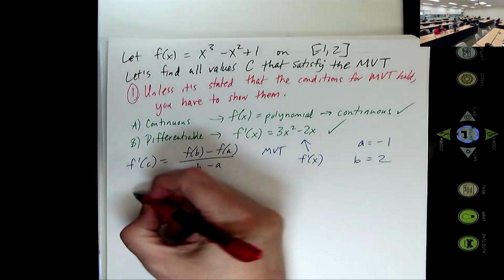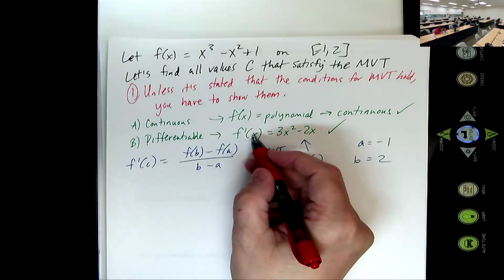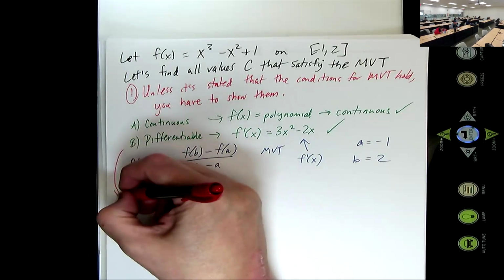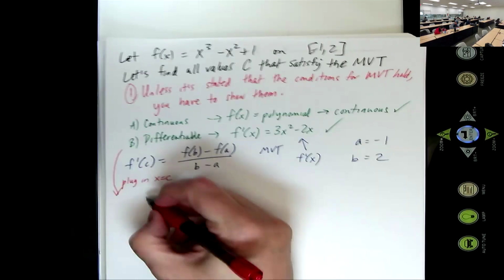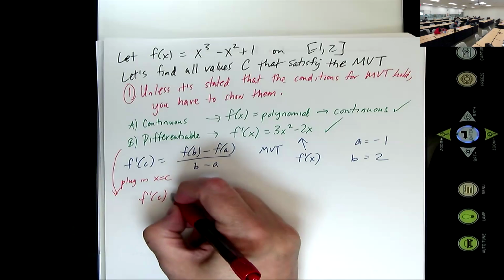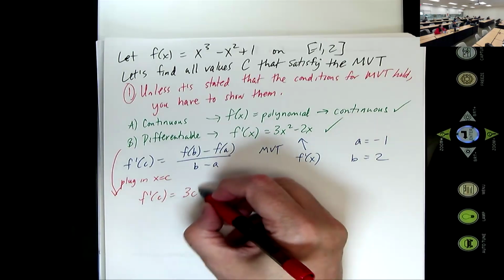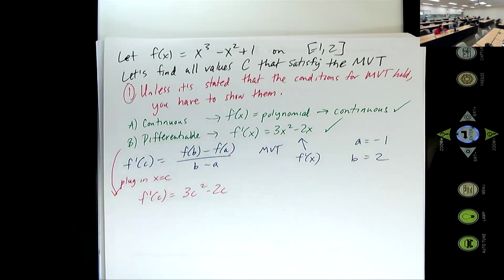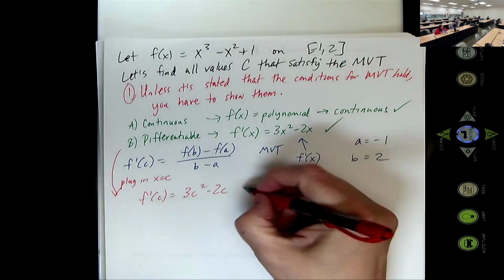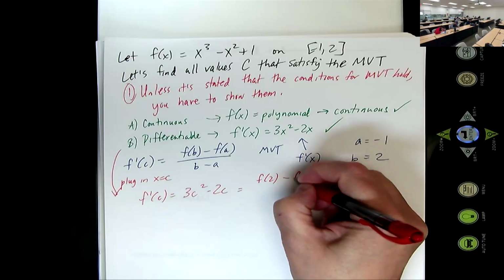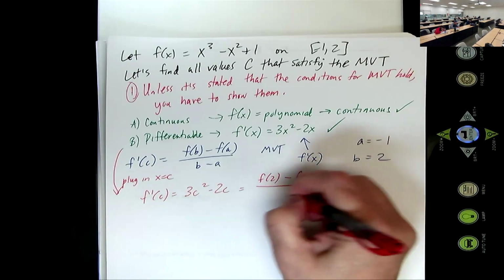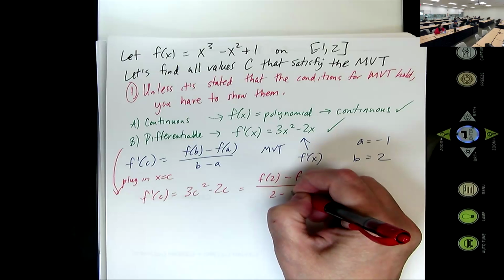So if I set this up, if I plug in C, I get f prime of c equals 3c squared minus 2c. And that needs to equal f of 2 minus f of -1 over 2 minus -1.